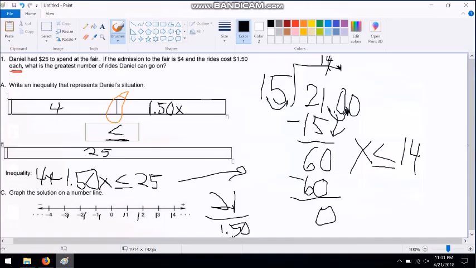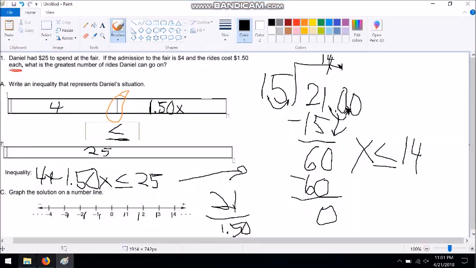So the next thing that we're going to do is circle where our number is, or 14.